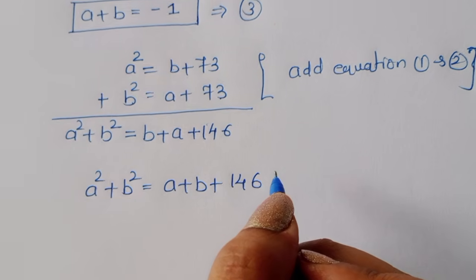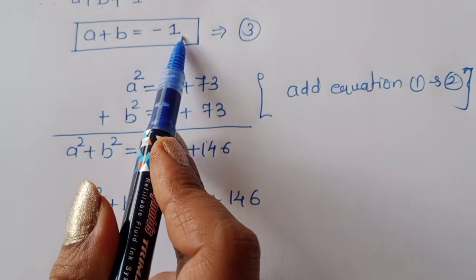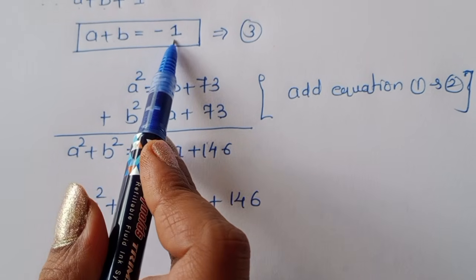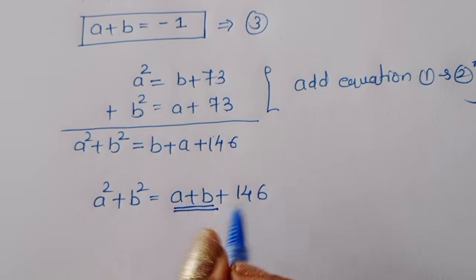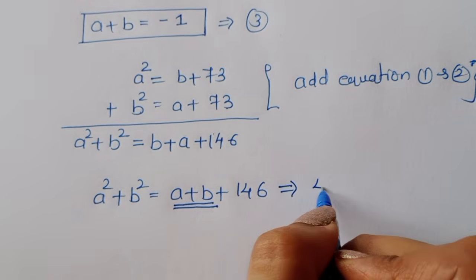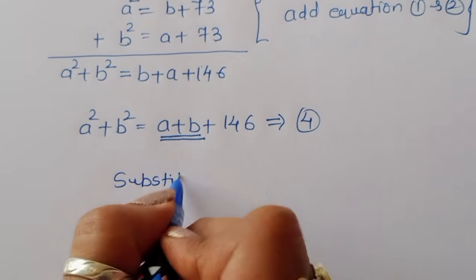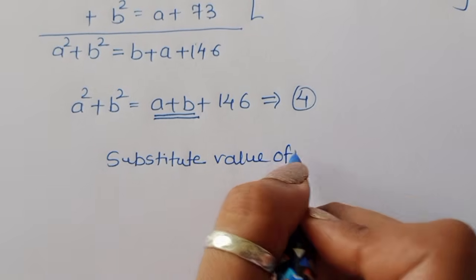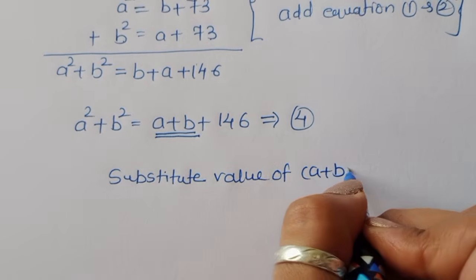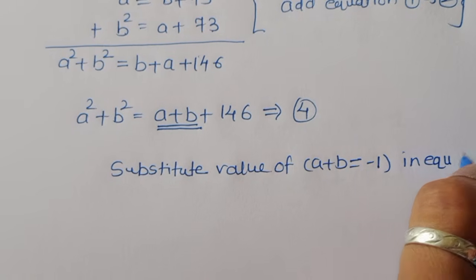But from equation 3, a plus b is equal to minus 1. You can say this is equation 4. So substitute the value of a plus b equal to minus 1 in the equation.